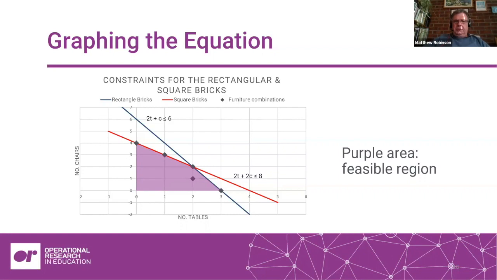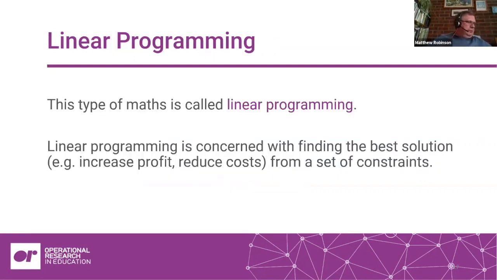Great. So what does this all mean? Why have we done all of this? This is a type of maths which is called linear programming. And what we're doing with linear programming is finding the best solution from a set of constraints. So what we've done so far is we've actually built a series of constraints.